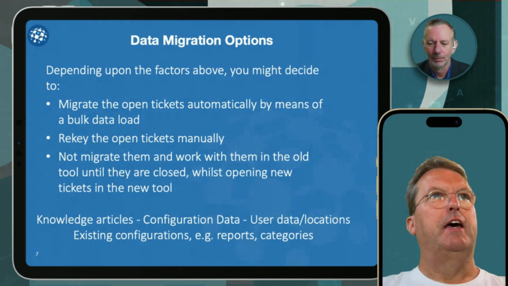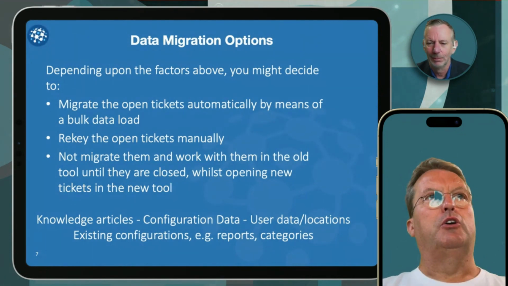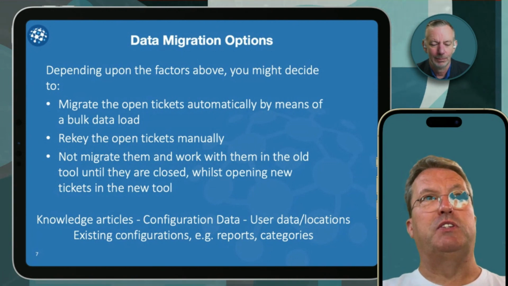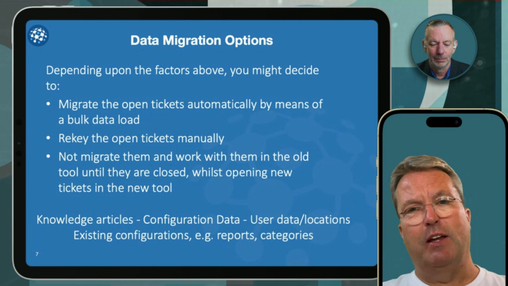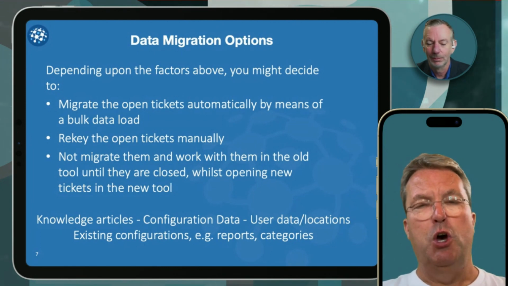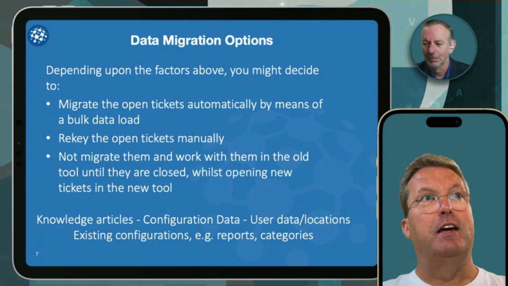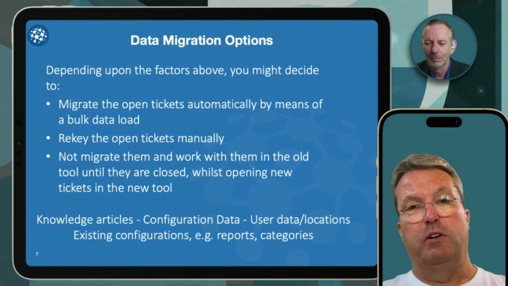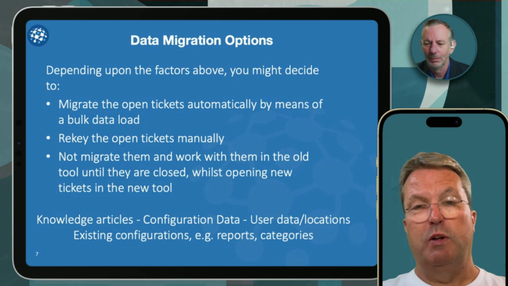It has for me. So you might decide, as Martin has said, to migrate all the open tickets automatically. So anything that's open, you can bring those across. We don't think that's a good idea. My personal view is if anything is open, leave it in your existing tool until it's closed.